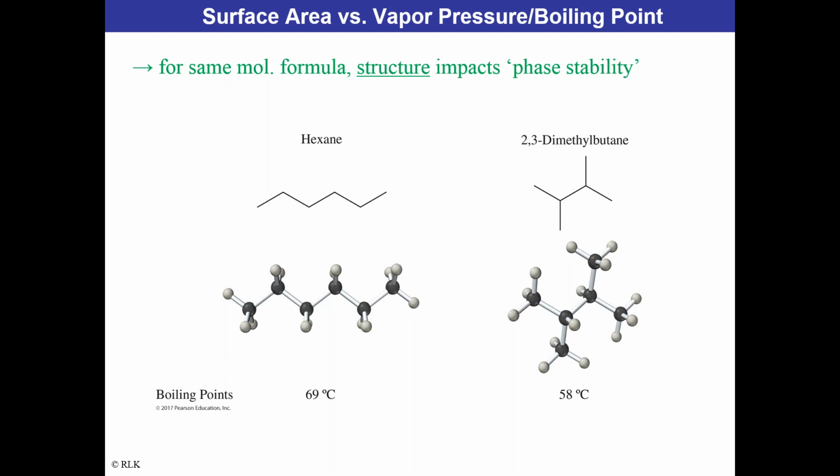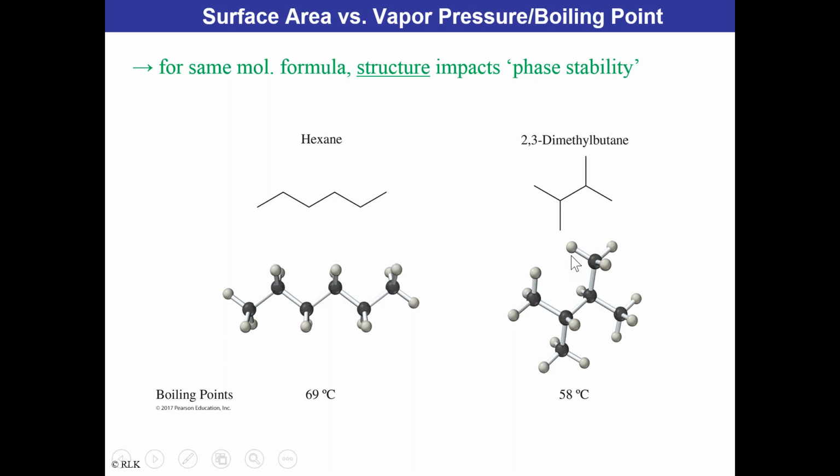If you were to look at the cartoons there, with these ball and stick models, it becomes pretty clear. Even the skeletal model shows you this, but the boiling point is definitely different, right? 69 degrees is the boiling point for hexane, whereas it's 58 degrees for the alternate structure, 2,3-dimethylbutane.